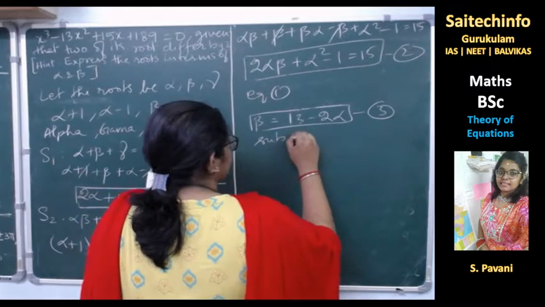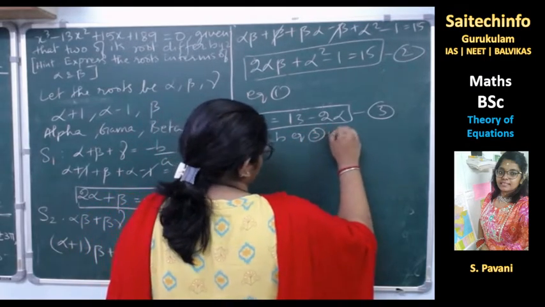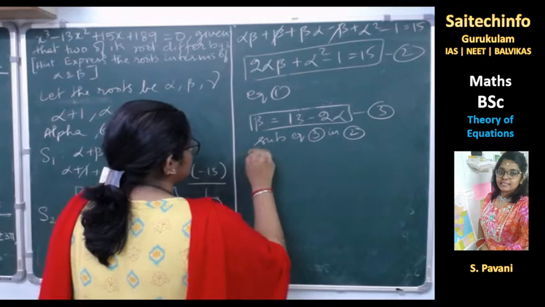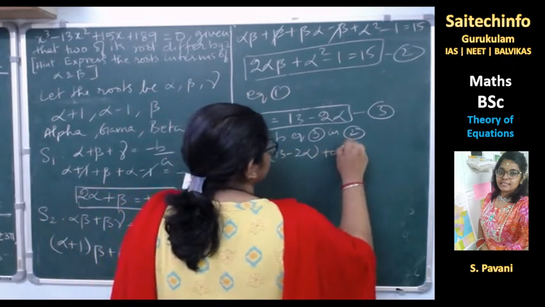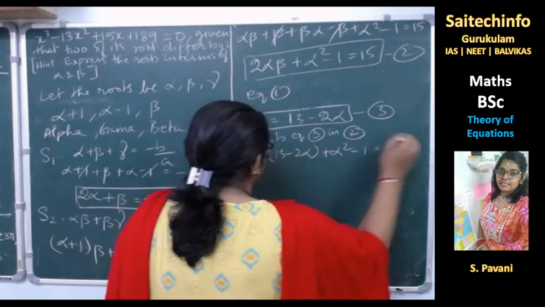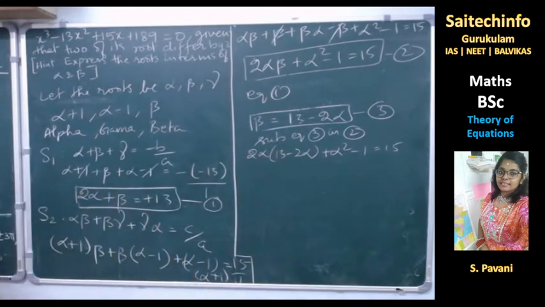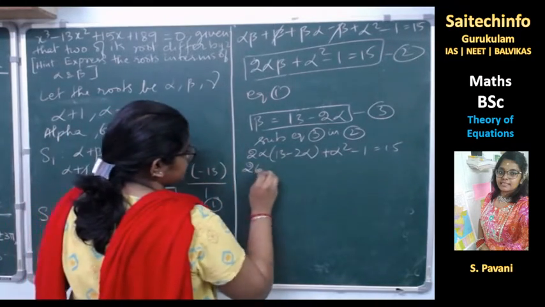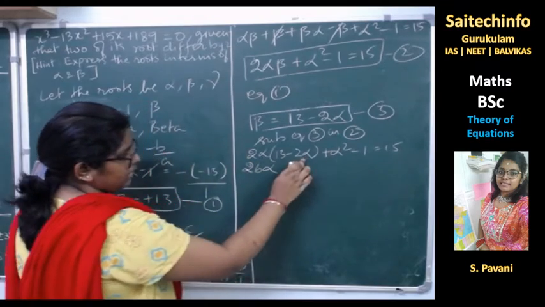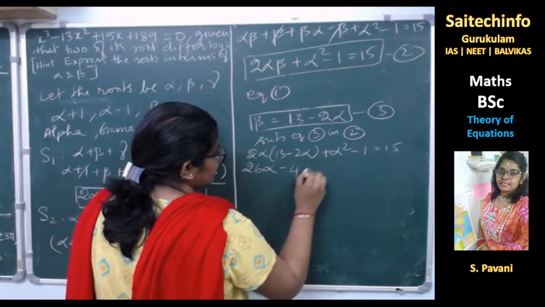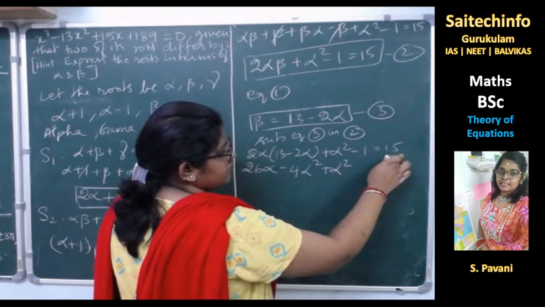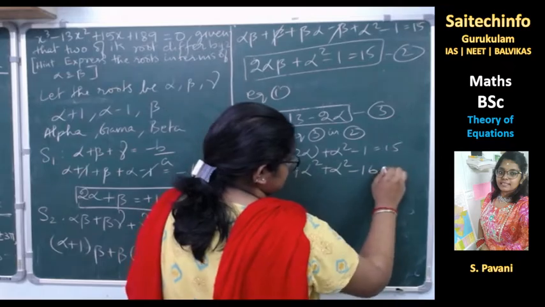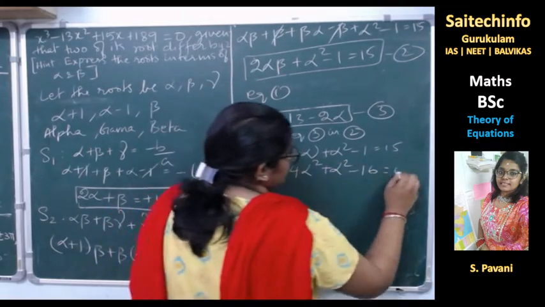Substitute equation 3 into equation 2: 2 alpha into 13 minus 2 alpha plus alpha square minus 1 is equal to 15. 2 alpha into 13 is 26 alpha. 2 alpha into 2 alpha is minus 4 alpha square, plus alpha square, and this 15 will come here and become minus 16 because a minus 1 is already here, that is equal to 0.